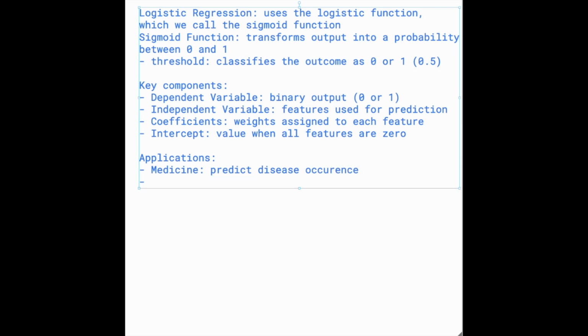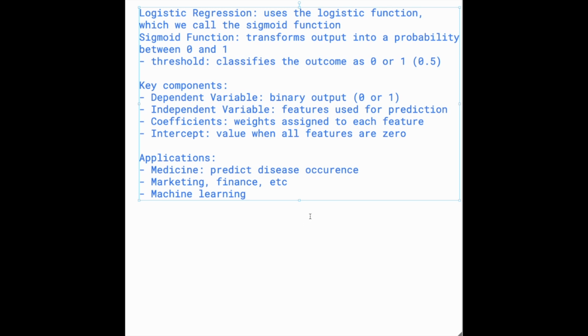You can also use it in marketing, finance, etc. And then finally, you can use it in machine learning. This is probably where it's used the most, as a kind of bottom line classification algorithm for a more complex machine learning model.